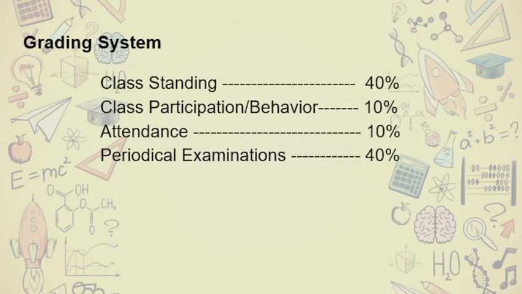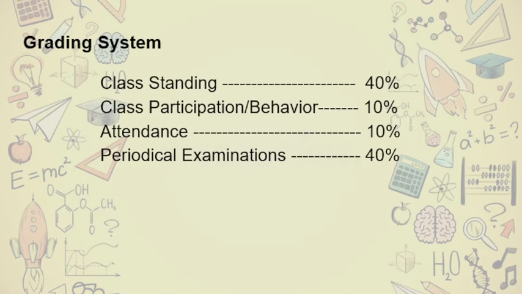The likes, okay? And for attendance, we should meet once a month in asynchronous learning. So we will have a Google Meet once a month. This is for the teacher to ensure that the student is really there. The student is the one who is answering quizzes, who is answering activities.